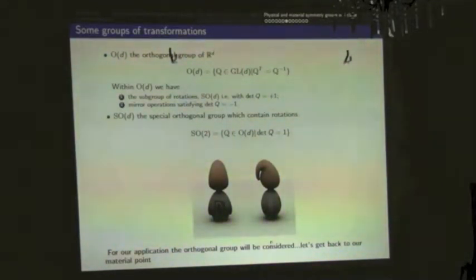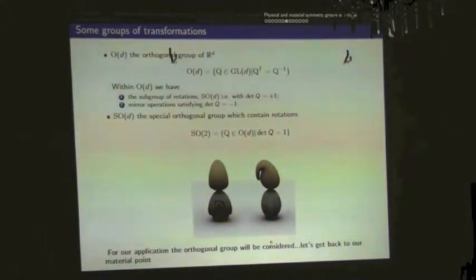By non-proper I mean that it reverses the orientation, but it depends on the dimension. That's why here I speak about mirror operations that are improper in any dimension, but inversions are improper in odd dimension. Take the trace of your operation, it will be -1.